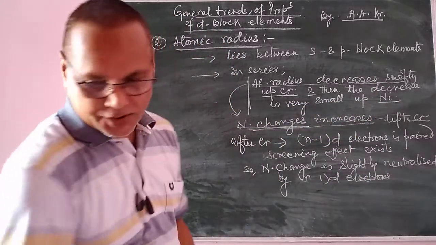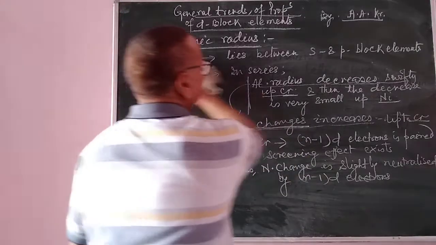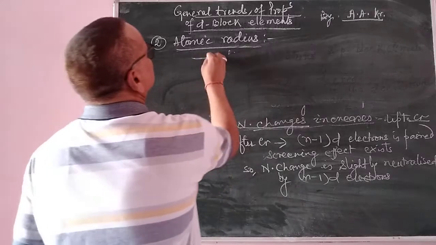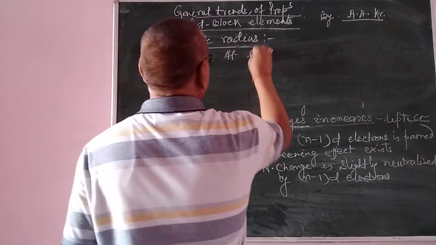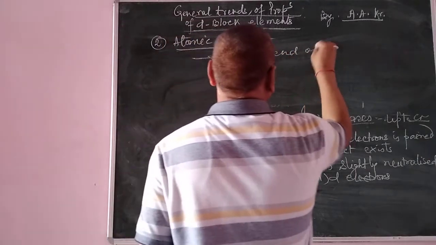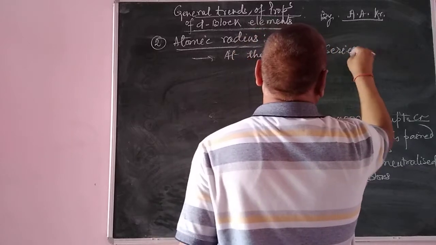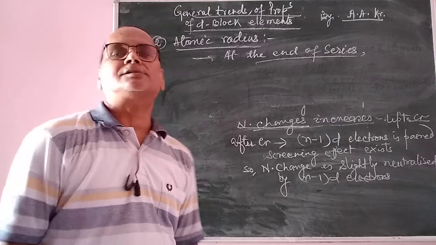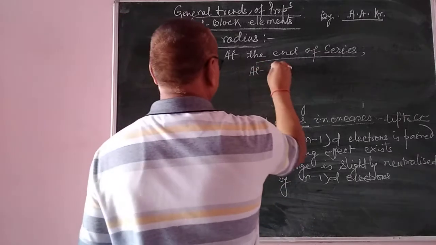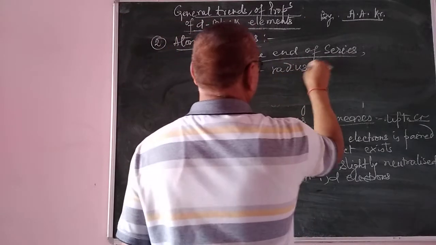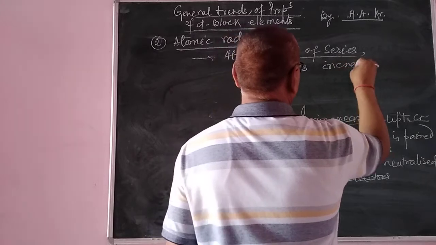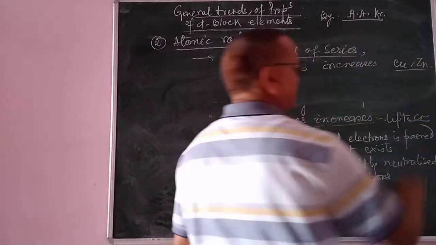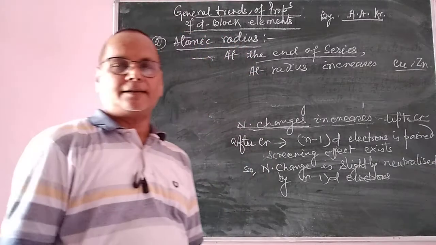At the end of the series, the atomic radius increases, such as copper and zinc; their atomic radius slightly increases.